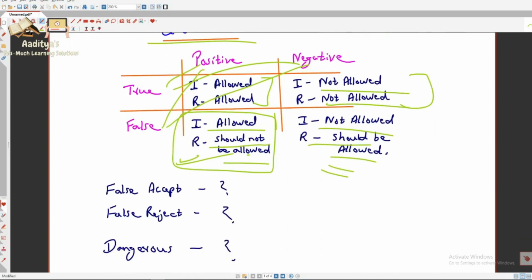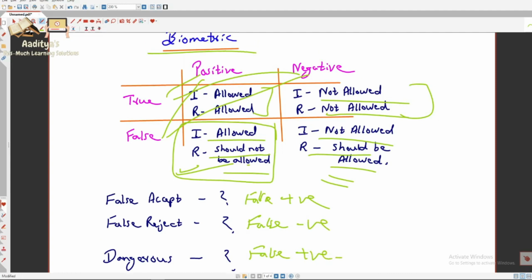So here when I say false accept, what is false accept? False positive. What is false reject? False negative. What is dangerous? False positive.